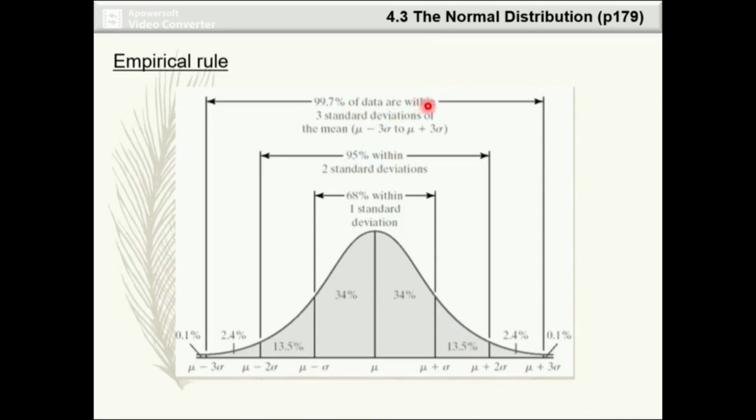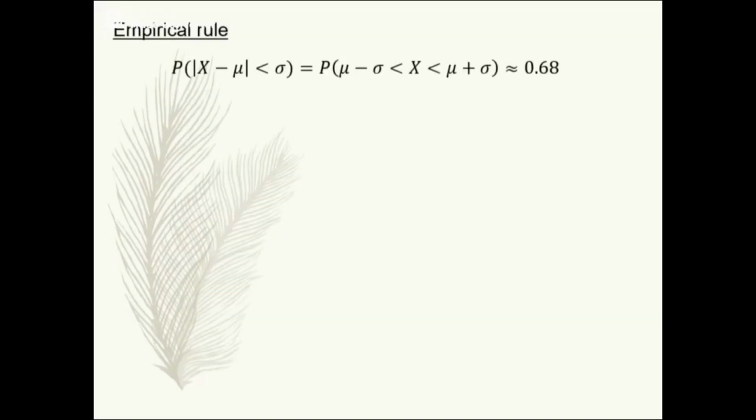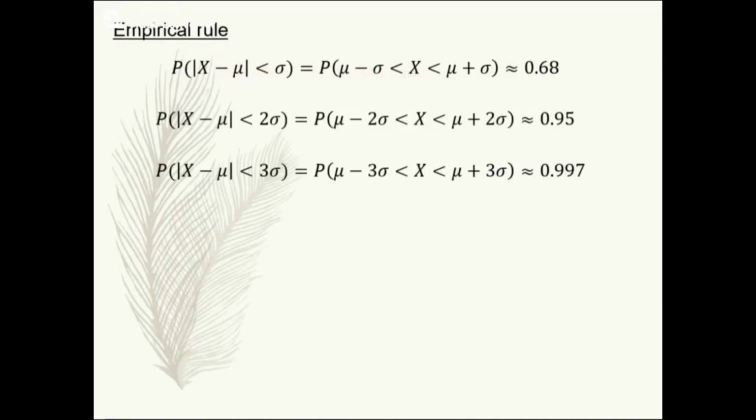So you actually expect almost all of your data to be within 3 standard deviations from the mean. Mathematically, you can write it as follows using the norm. The probability that the norm of x minus mu is within 1 sigma is approximately 0.68. You can do the same for all the other cases. And this is just a property of such a distribution that's bell-shaped.